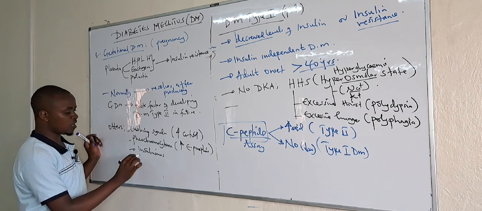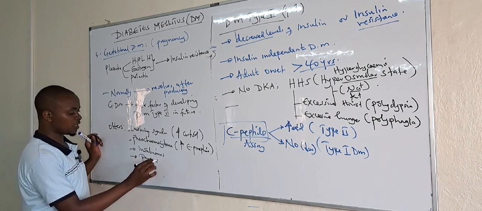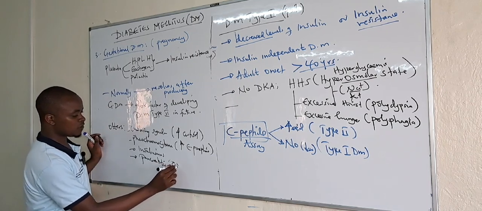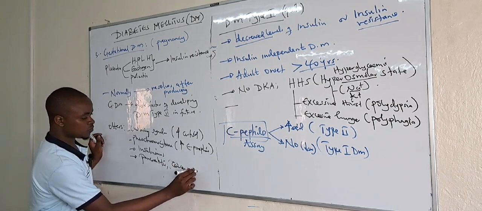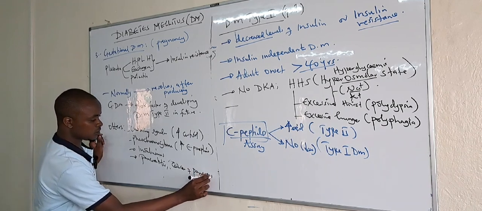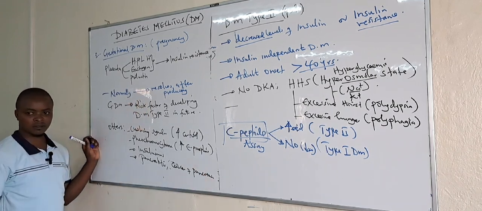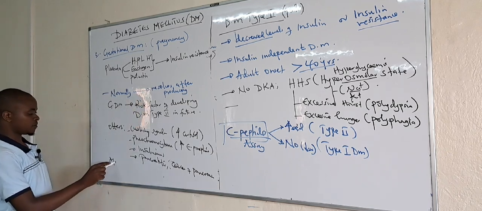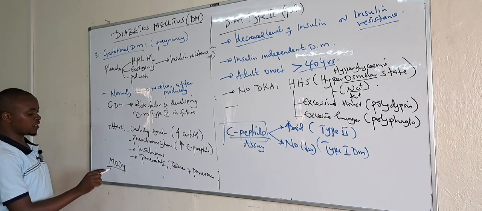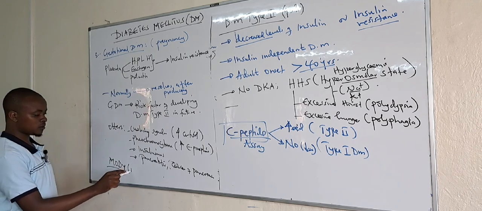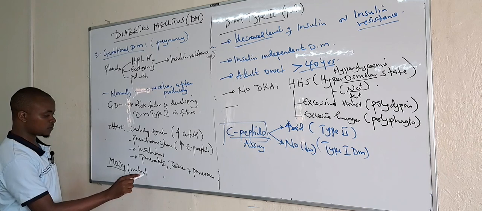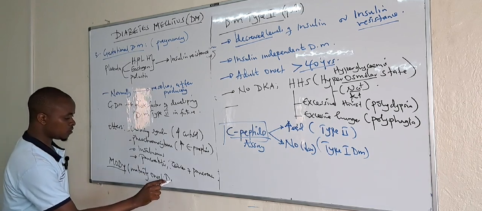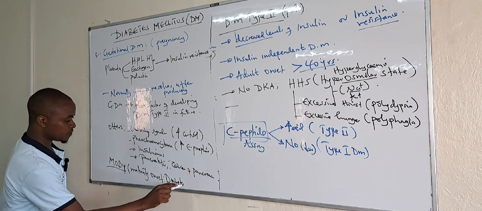Then even when you have any issue with the pancreas, like pancreatitis, or maybe even cancer of the pancreas, cancer of the pancreas can also cause other types of diabetes. Then finally, we also talked about MODY, maturity onset diabetes of the young.